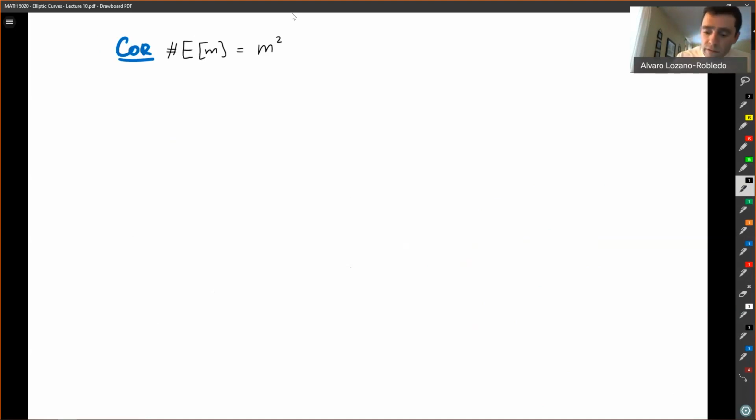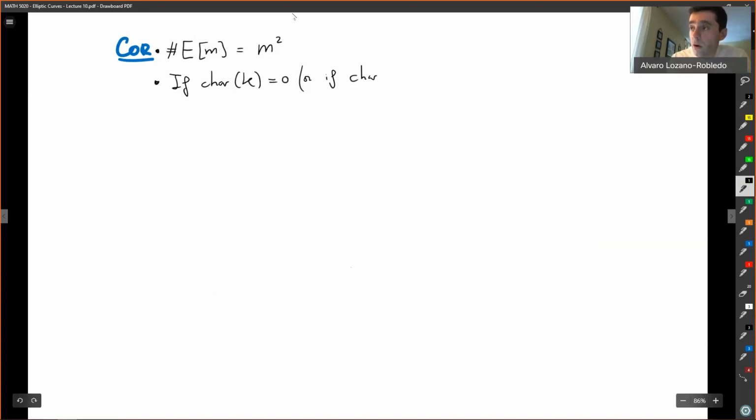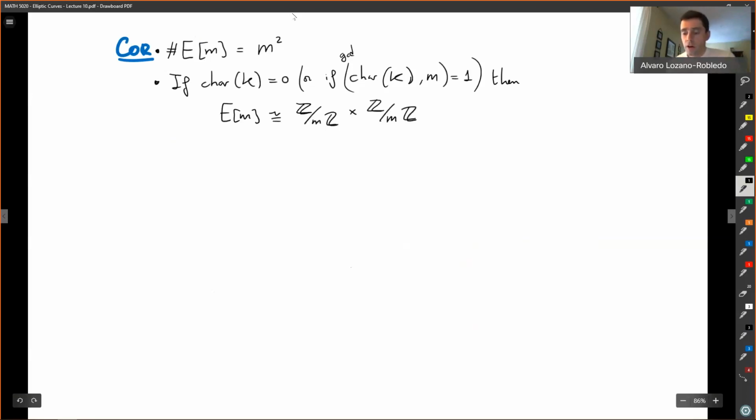And in fact, much more can be said: if the characteristic of k is 0, or in fact, if the GCD of the characteristic of k and m is 1, then the m torsion is isomorphic to Z mod mZ cross Z mod mZ. So that is the abelian structure. Remember that this is the torsion over k bar.